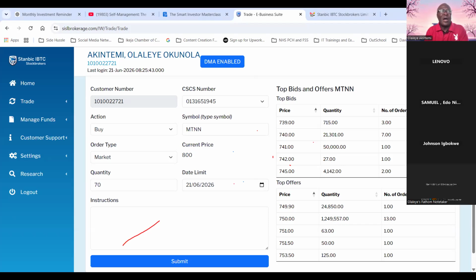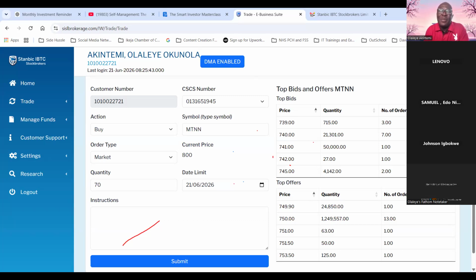Let's say they were offering maybe 750 naira, and I bought about 10 units at 750 naira, which was the lowest offer. Then about 15 minutes later, I logged in again, and somebody was already offering a lower amount than what I bought 10 minutes ago.